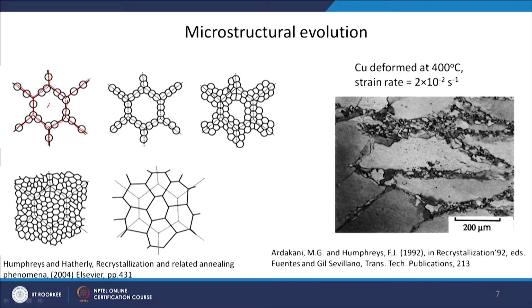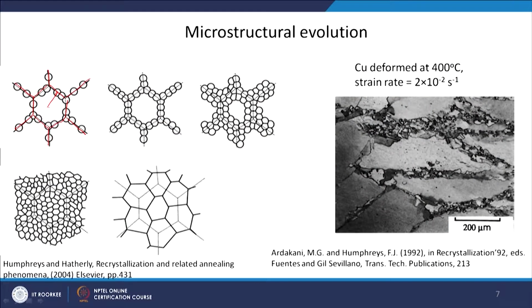So, there is also a gradient of dislocation density from grain interior to the grain boundary. That you will know also through the geometrically necessary dislocations which have to be there in the material. So, you have a higher dislocation density at the grain boundary and a lower dislocation density within the grain.